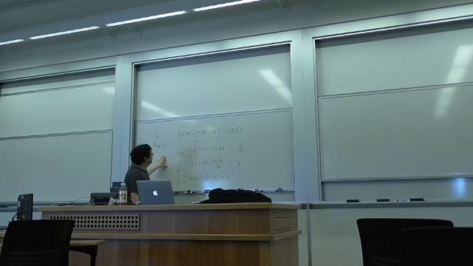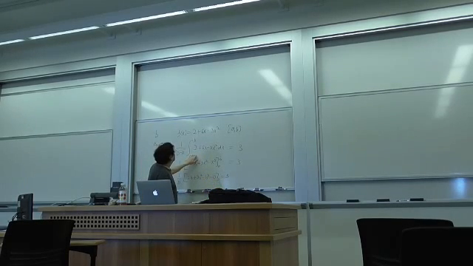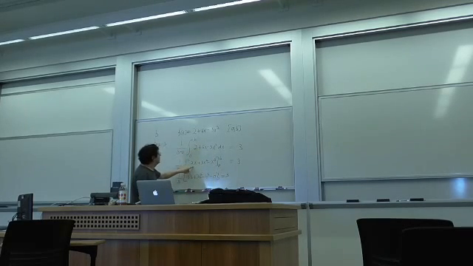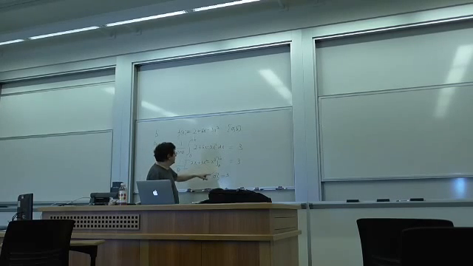So we want the average value of this to be 3. 2x. That's good. So 2b plus 3b squared minus b cubed. Those are all zeros.